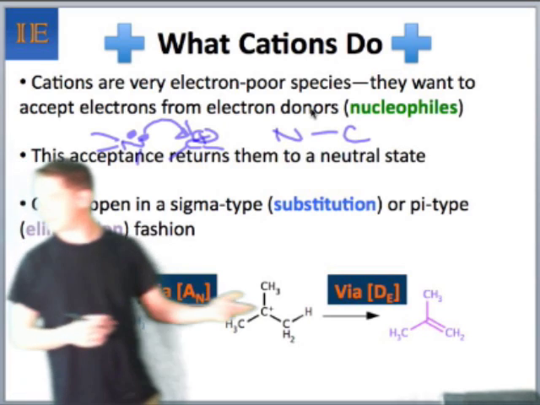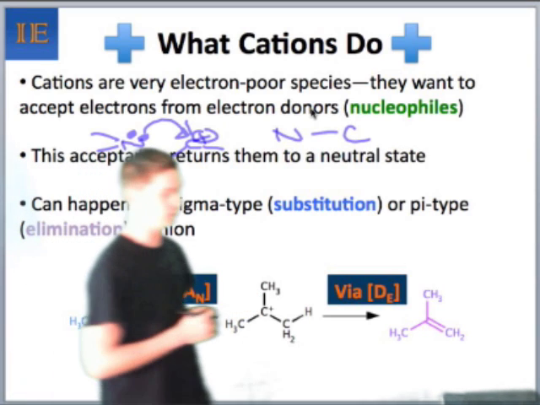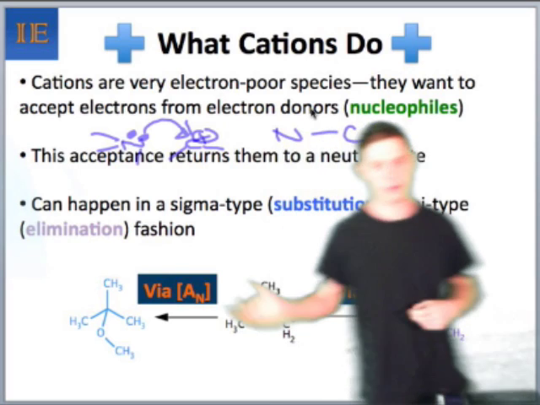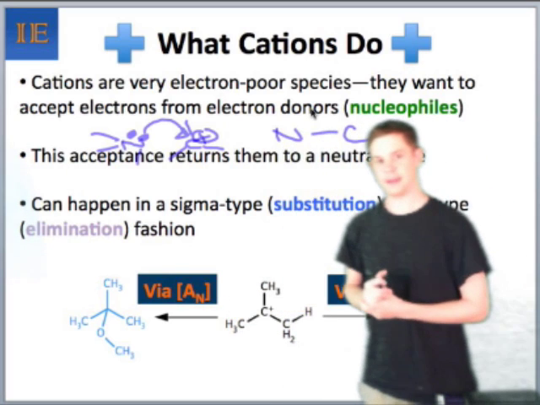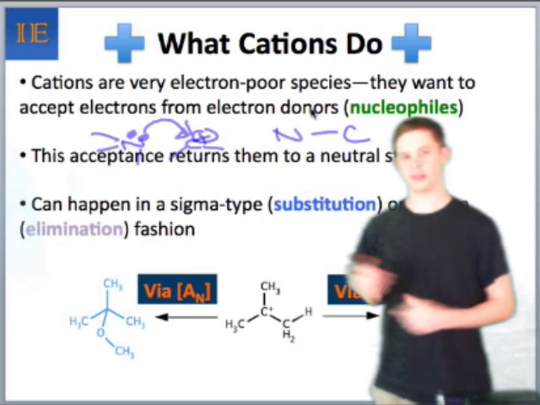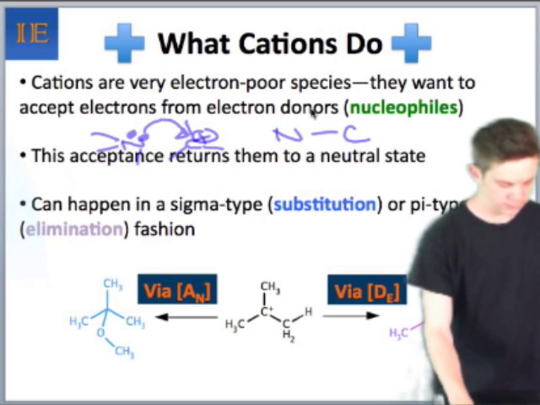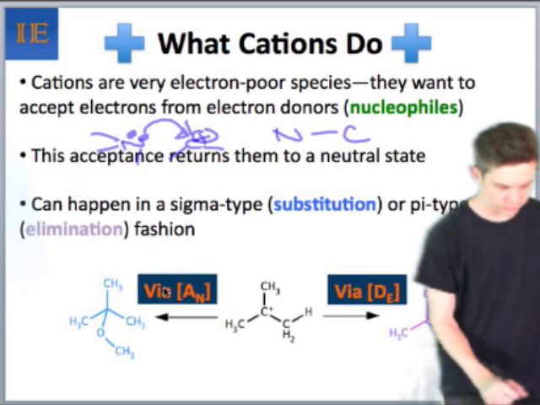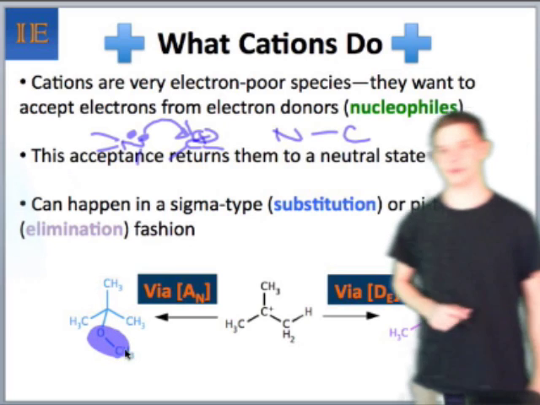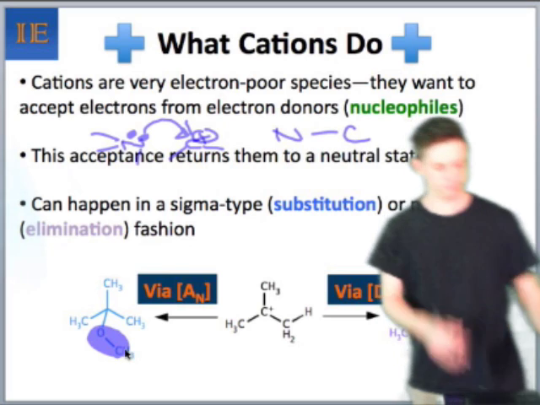Via the DE step, we see an elimination produces a pi bond, and then over here, the AN step will produce a compound usually containing a new carbon-heteroatom bond, where here again, the heteroatom has come from a nucleophile, which donates electrons into that carbocation typically.